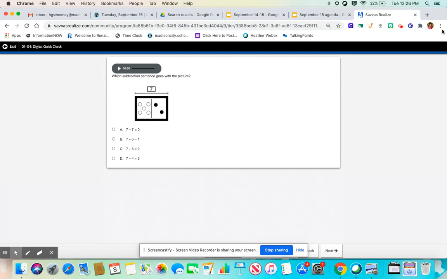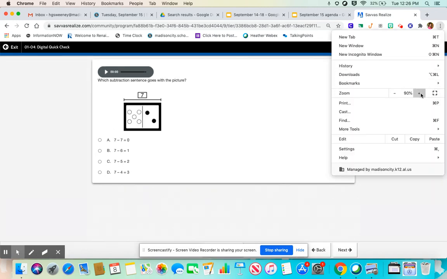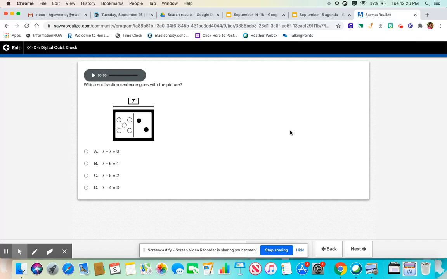All right, so this one says, which subtraction sentence goes with the picture? So you have the whole of 7 with a part of 5 and a part of 2. So which one of these subtraction sentences matches the part whole math?